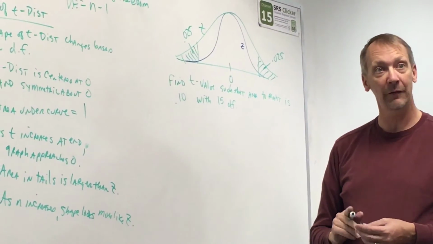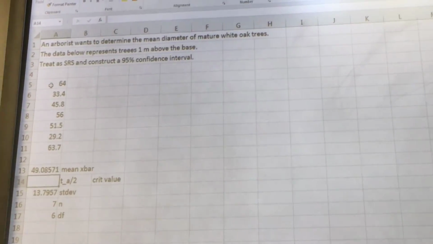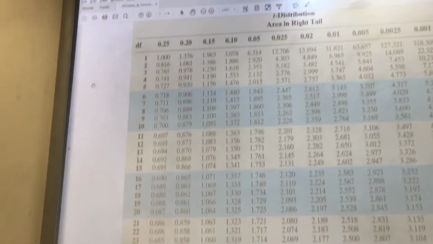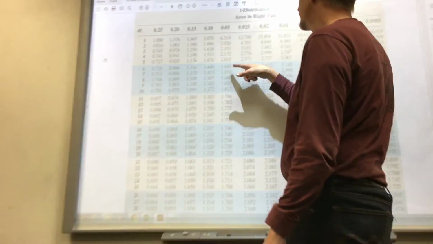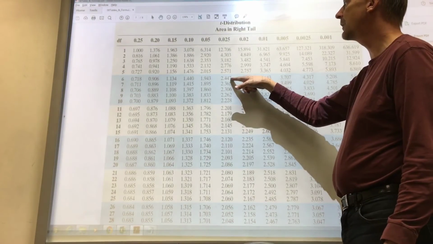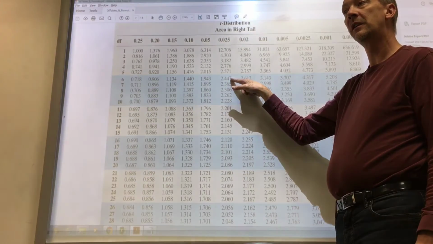No, I'm looking at the 2.5% column. Okay? So my degrees of freedom, oh, I guess that's the same. The T sub alpha over 2 is my critical value. Same thing. Okay, so I'm looking at 6 degrees of freedom and I'm looking at 2.5%. So when I go over here, 6 degrees of freedom, 2.5% is 2.447. Does that make sense? Okay?